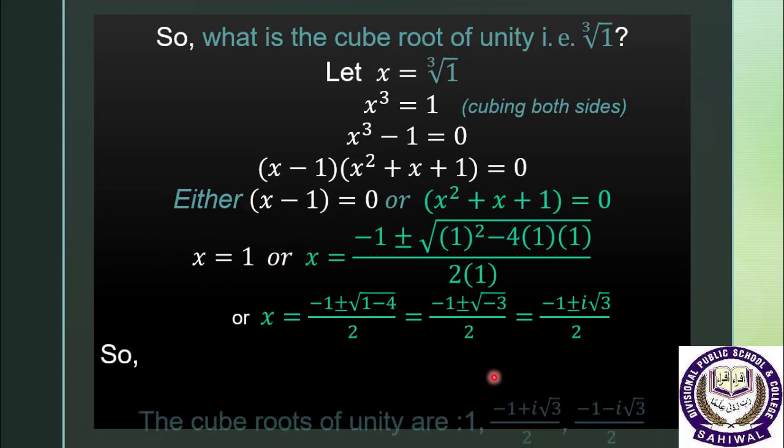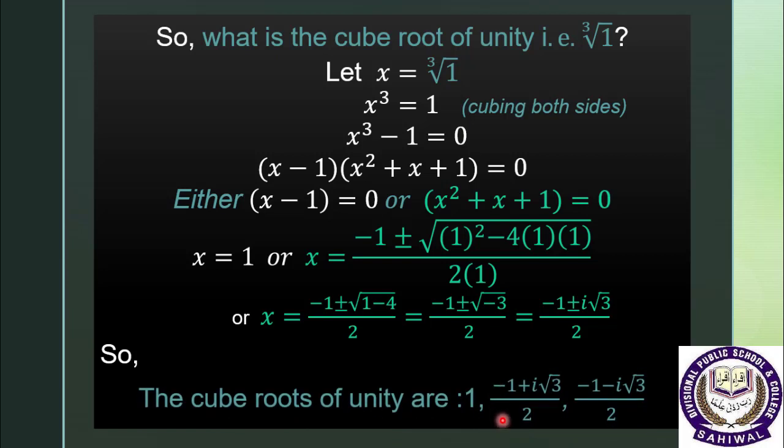So the cube roots of unity are 1, minus 1 plus iota under root 3 over 2, or minus 1 minus iota under root 3 over 2. These two roots are the complex conjugates of each other and they are called the complex roots of cube root of unity.